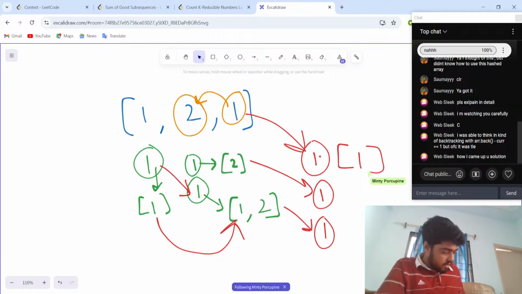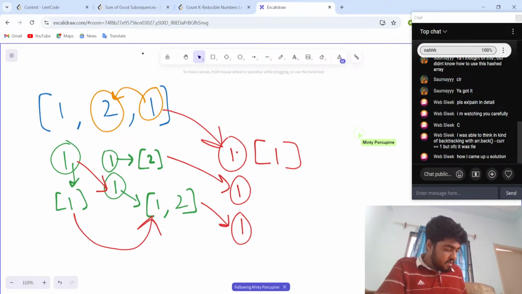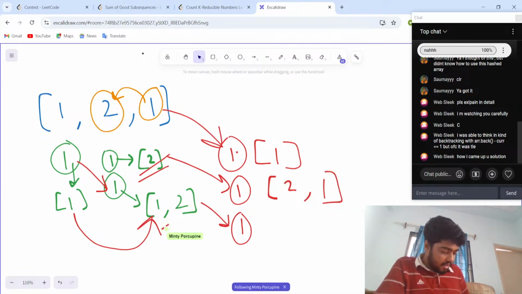The 1 can be alone over there also, and for this case, along with the 1, we are going to consider this 2. So that is 2 comma 1. And then we are going to consider this also, that is 1 comma 2 comma 1.